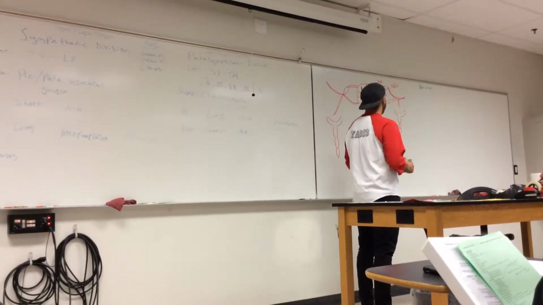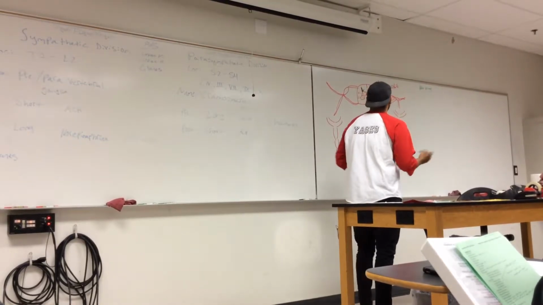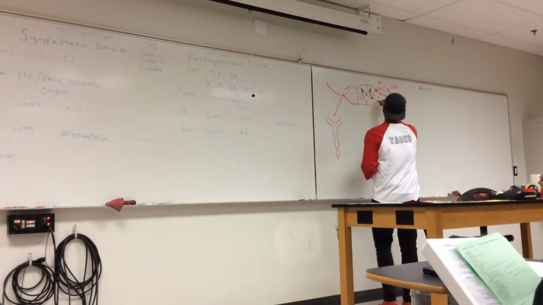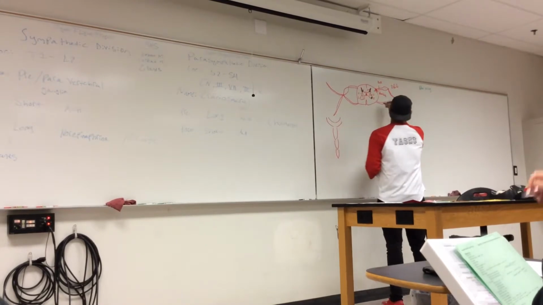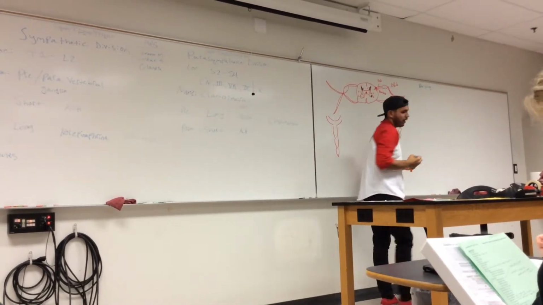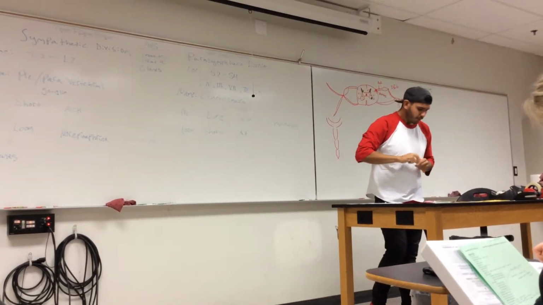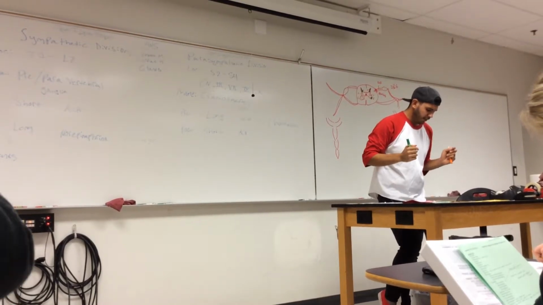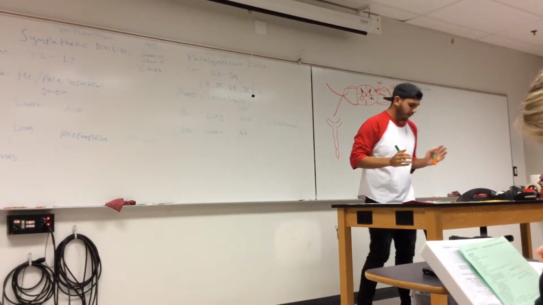Once it does this, now it's got to travel out. So when it travels out, it's going to travel out the ventral rootlets to the ventral root. And then once it does that, this is where it gets a little bit different. It depends.